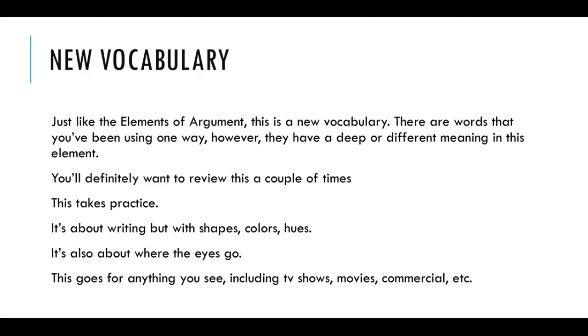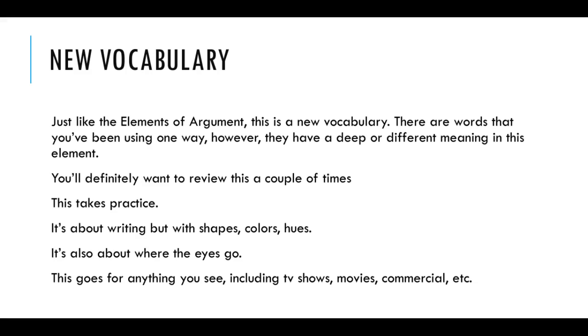So always remember all the choices are deliberate. And also remember that this is about where your eyes go. Eyes usually go top, left, right, and then to the center. Be cognizant of where your eyes go when you're looking at the art in Monstress.